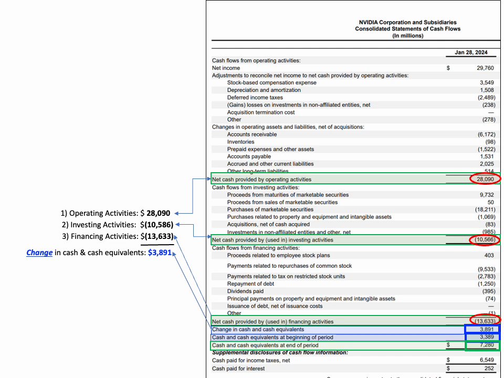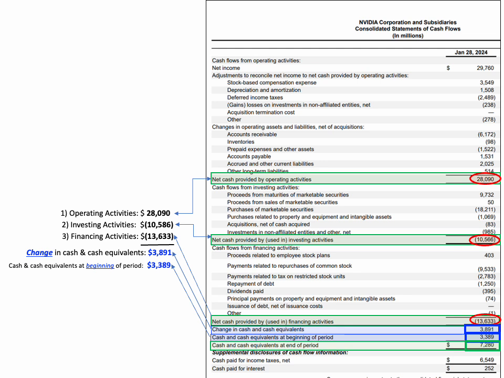We're adjusting it by $3.891 billion. That's cash that we have. So that's a positive that we need to add into our running total of cash, right? That's the number that we're going to take and adjust to our cash on our balance sheet. We take the cash that we had from the previous period.